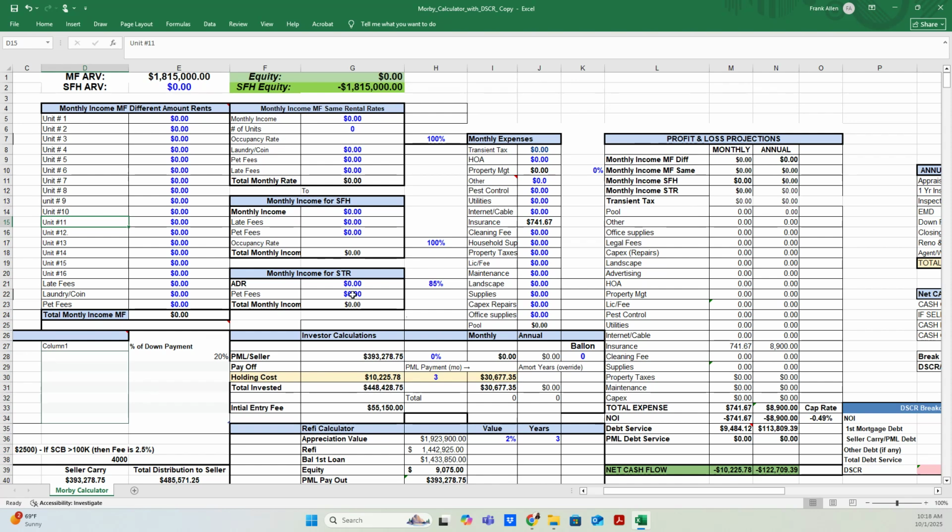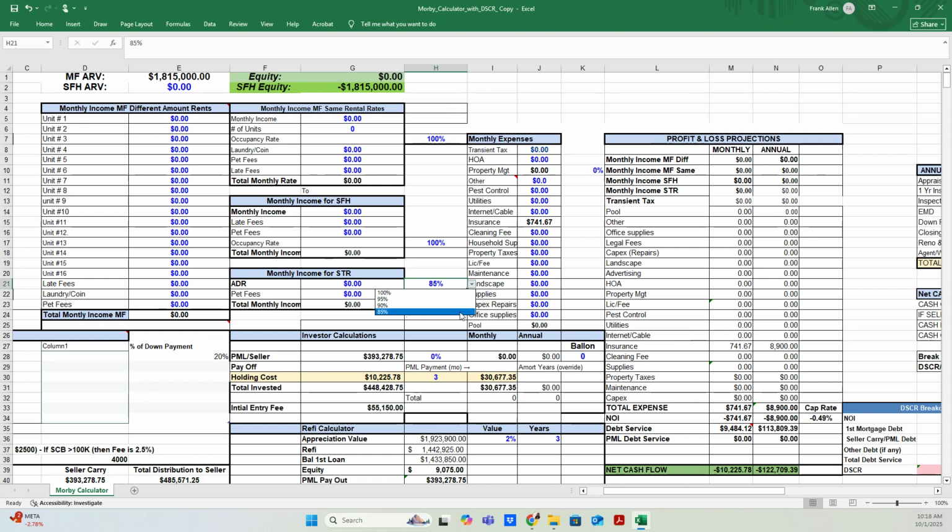Or maybe you're buying a property that was never a short-term rental, but you want to make it a short-term rental. Then you can go on AirDNA, put the address in there, and it will give you the average daily rate (ADR) and the occupancy rate.